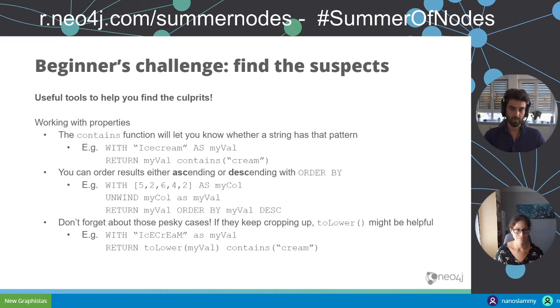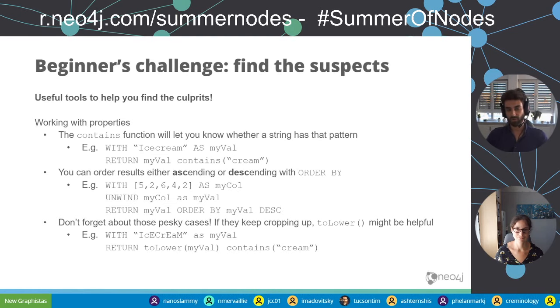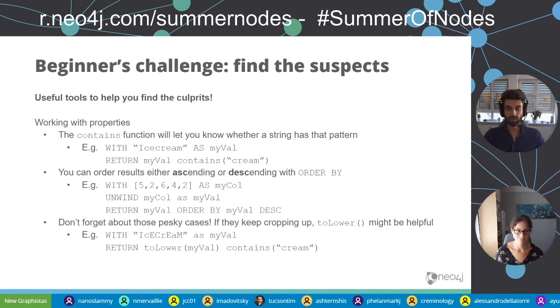I will show you something in a little bit. Then there is the possibility to order your results. I think that might be interesting for you as well for the challenge. You can order in either ascending or descending by using ORDER BY. So if you look towards the end, you return something, in this case, return my value.